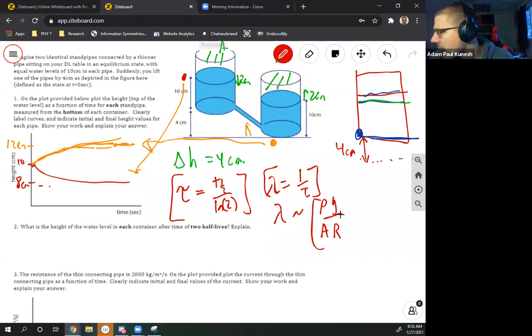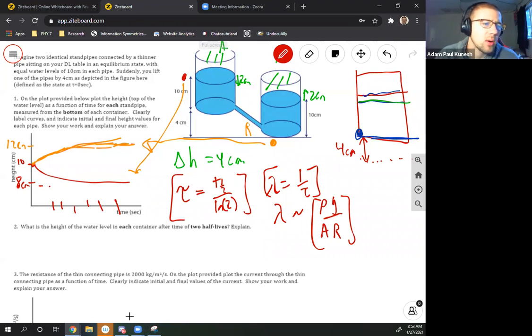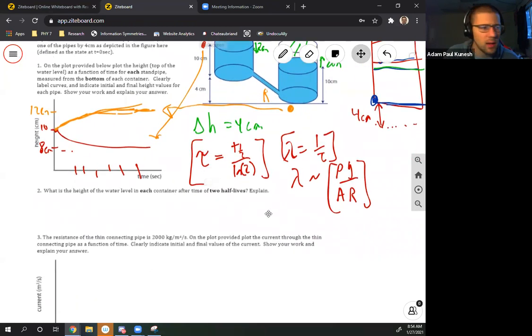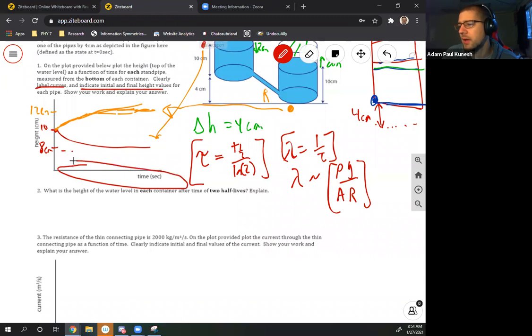Since I don't have a lot of these values, I'm not expected to mark anything on my time axis, because I can't know anything about the half-life with the information given. Okay, does that make some sense, hopefully? So I'm not going to mark my x-axis. What they asked for is just label the curves, indicate initial and final water height values. I'm just going to leave the time axis alone.